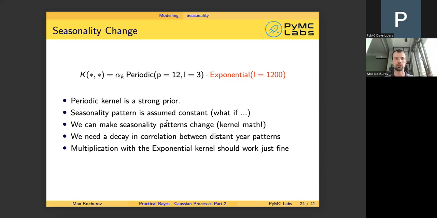When a couple of centuries pass, my seasonality pattern also changes. And that is how you can treat this multiplicative exponential kernel. And with a length scale of 1,200, you say that in 100 years, the seasonal pattern can change significantly. That's it.